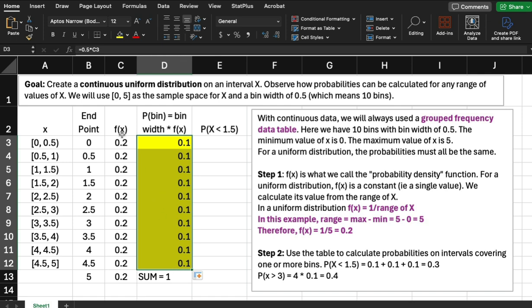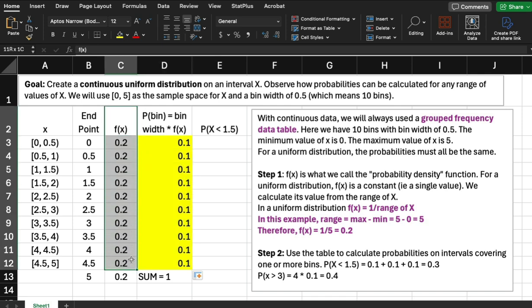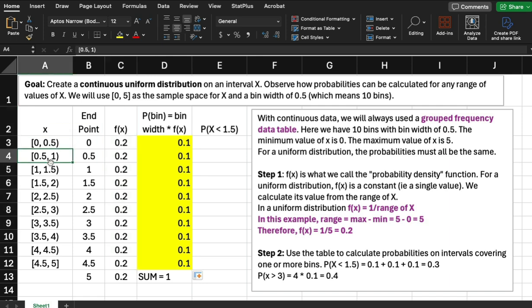So that hopefully clears up some of the confusion. Little f of x is not measuring the actual probability for each of these intervals. It's telling you what you need to multiply by. Okay? These are the actual probabilities. Okay, so let's calculate a couple of probabilities using this table.